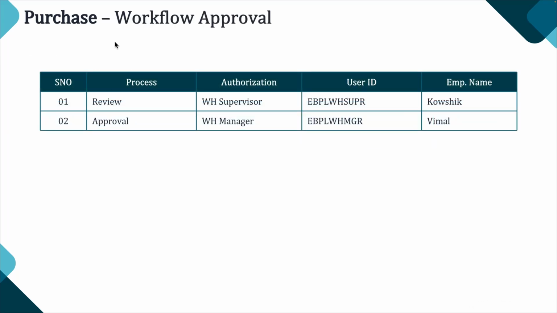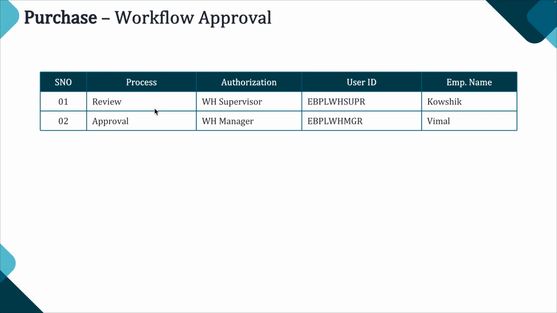This slide consists of your workflow approval, which holds two processes: one is reviewing the document, another is approving the document. First and foremost, the user will be creating a document. After the entries are given by the user, the document will be forwarded for review to our supervisor. Here our supervisor is Kaushik.